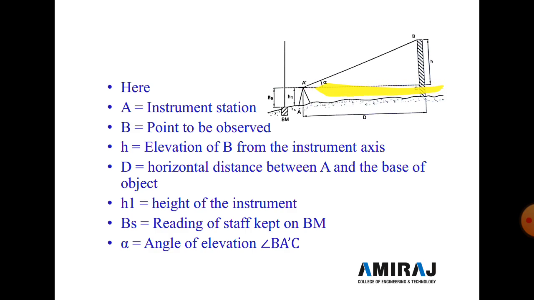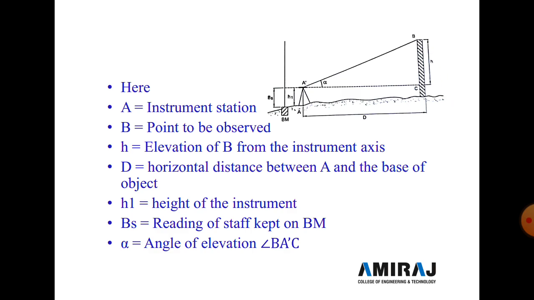This dotted line shows the imaginary line. When the instrument is set up horizontally and vertically at 0 degrees, we set the horizontal imaginary line, the instrument axis, and B is the top point of the observed point, and h is the elevation of B from the instrument axis.